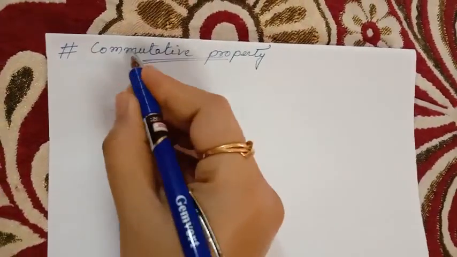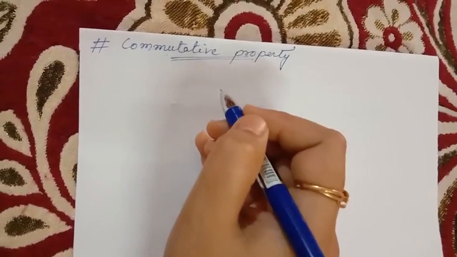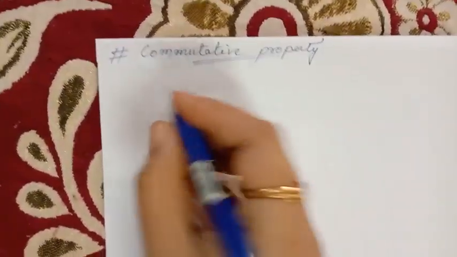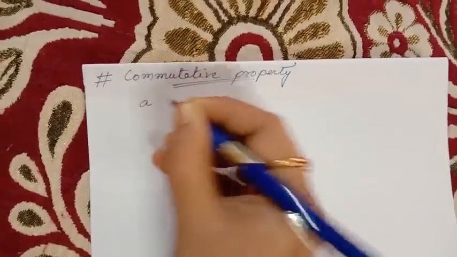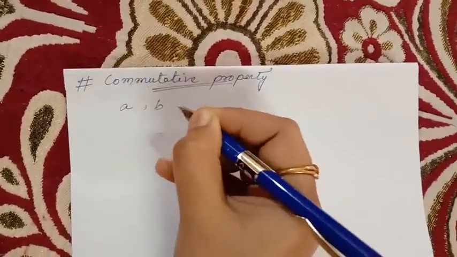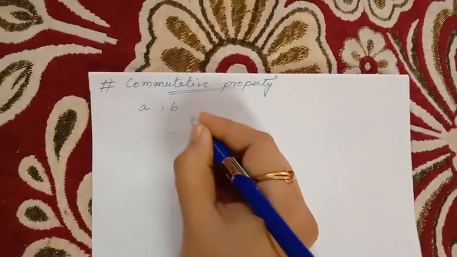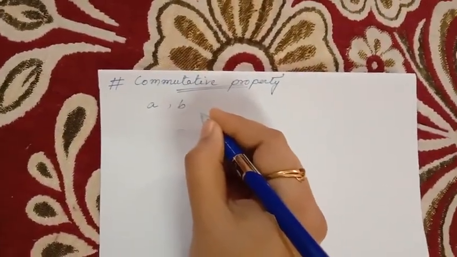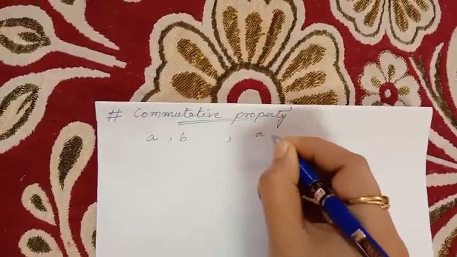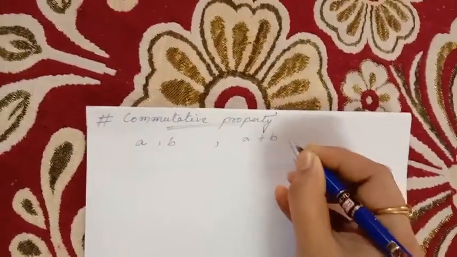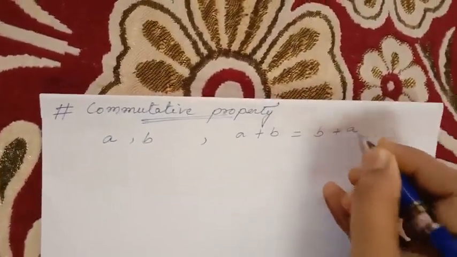Next is the commutative property of addition. If a and b are two integers, we can write that a plus b equals b plus a.